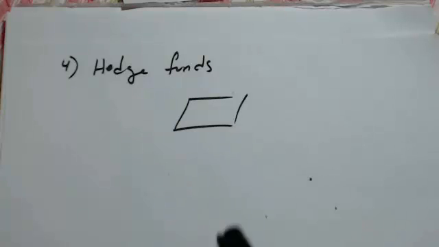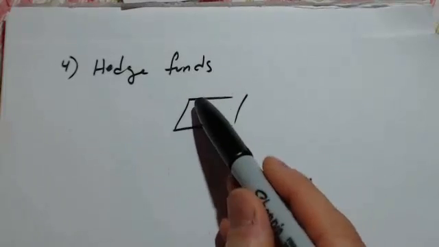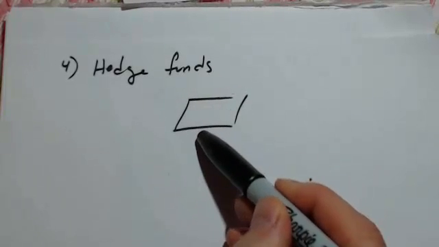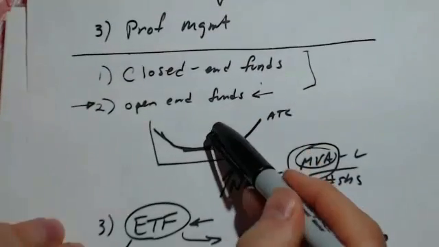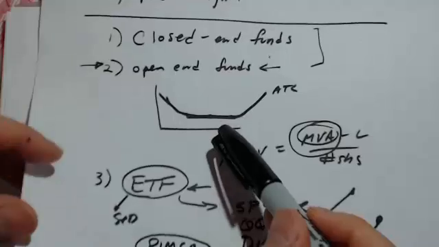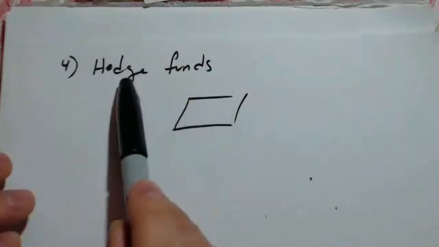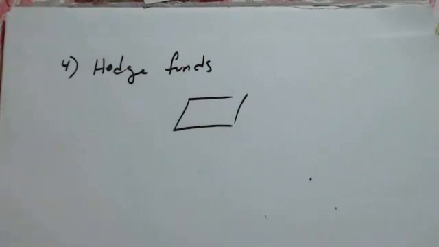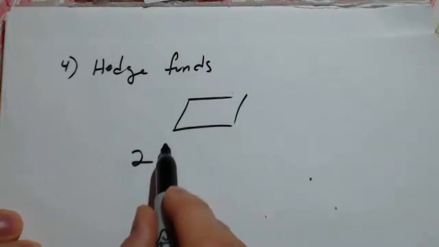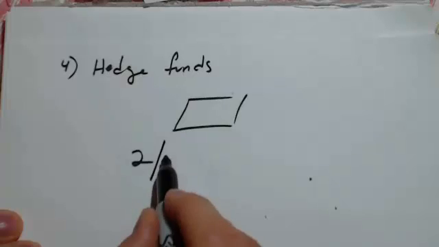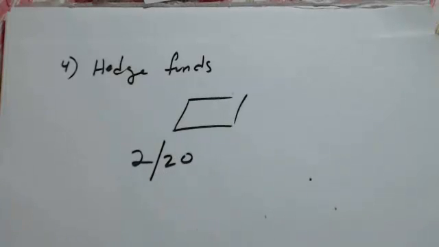Now, one thing about hedge funds that we should talk about is the fees associated with them. I'm going to talk about fees of closed-end funds and open-ended funds in a little while, but I want to talk a little bit about the fees here. Most hedge funds have a typical fee called a 2 and 20 fee.